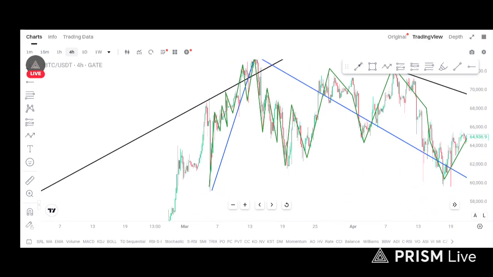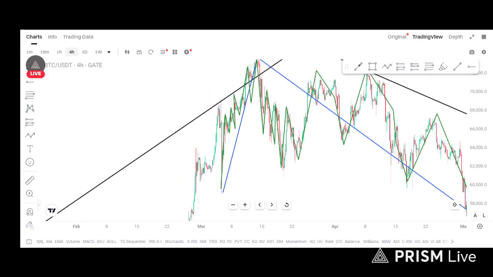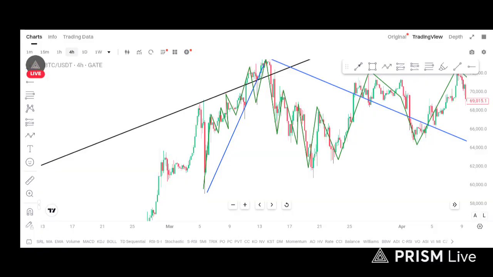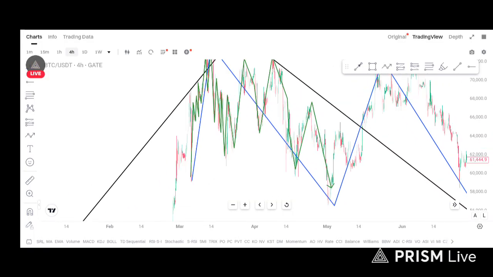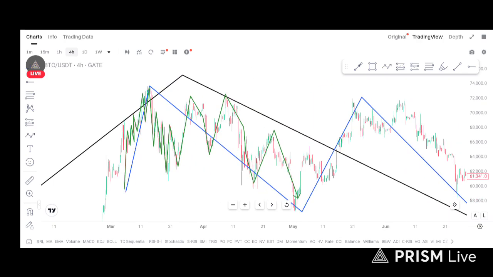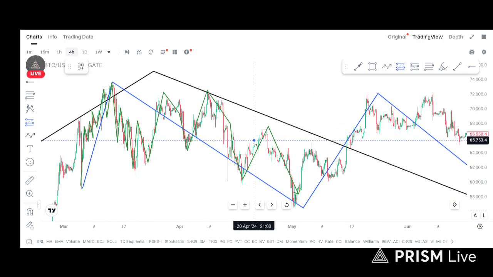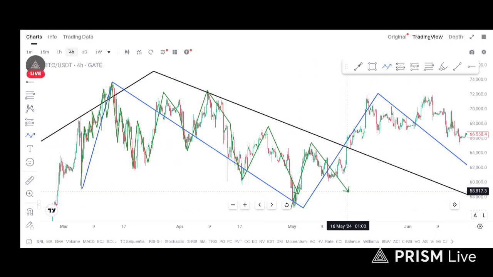On this 4-hour, on this daily leg, we have an uptrend, downtrend. The blue one is the daily leg, don't get confused. Downtrend. Another uptrend. You can classify any of them this way.